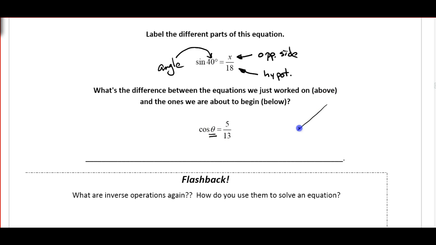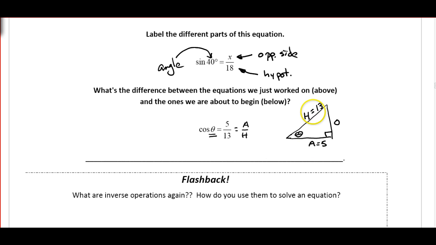So let's draw a picture to go along with this. I'm going to make this acute angle theta. Theta is a variable that we'll use all the time for angles, so make sure you know that. And this is my adjacent side, this is my opposite side, this is my hypotenuse. Since the cosine of theta is 5 over 13, and cosine is adjacent over hypotenuse, I know that this adjacent side has to be 5, and my hypotenuse here has to be 13.